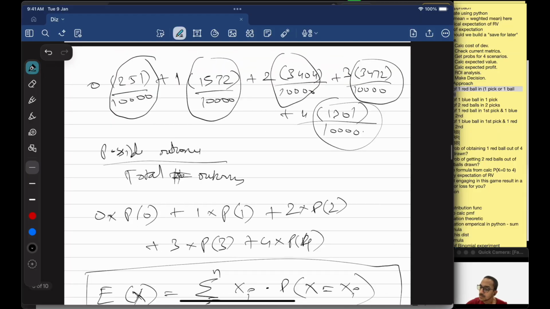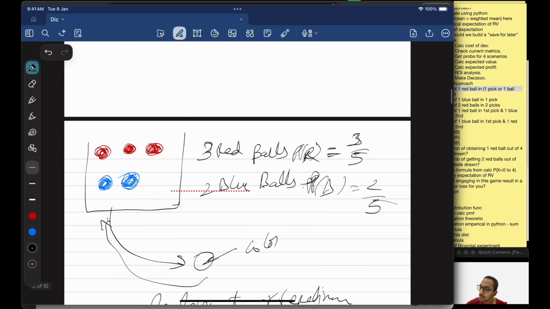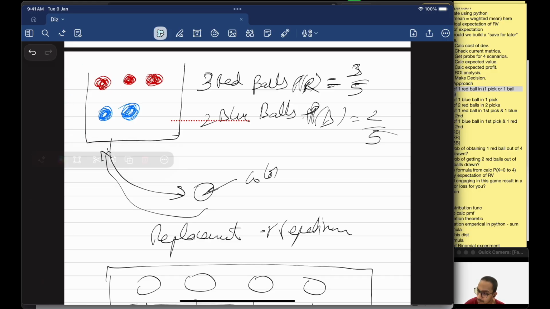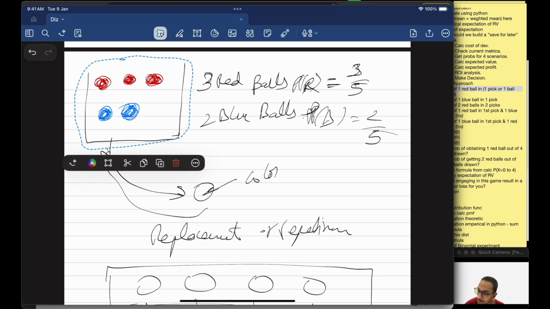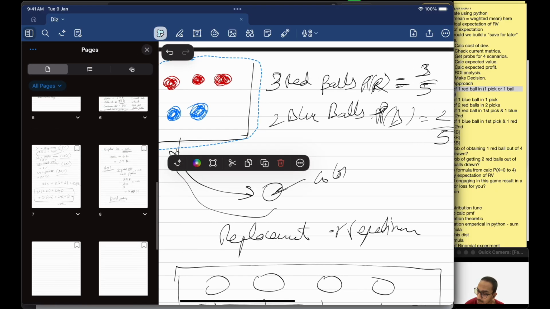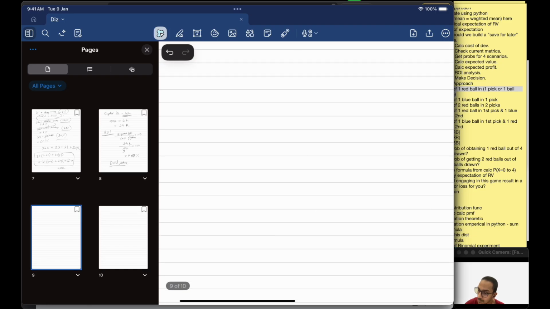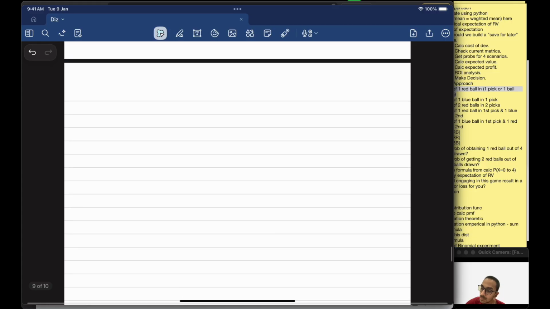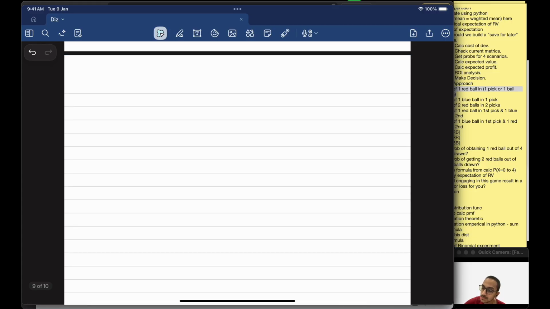If we look at our bucket, which is the balls, let me just copy this.